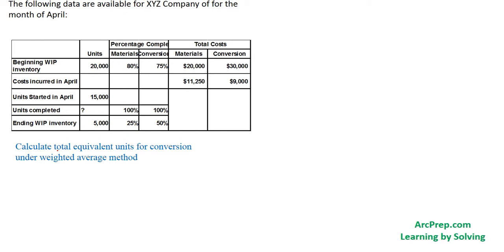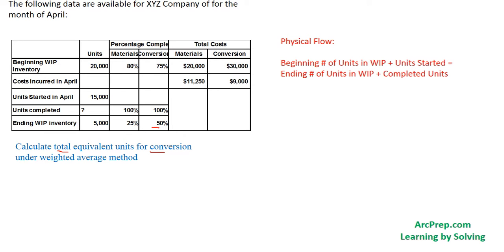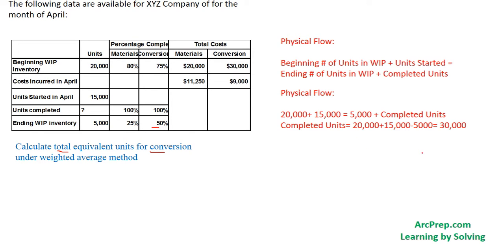Now let's calculate the total equivalent units for conversion in this case. What's going to change is the ending work in process inventory. Again, we are going to have the same 30,000 units that we are completing. This 30,000 will not change. What is going to change is the percent completion. This is 30,000. This is 5,000.